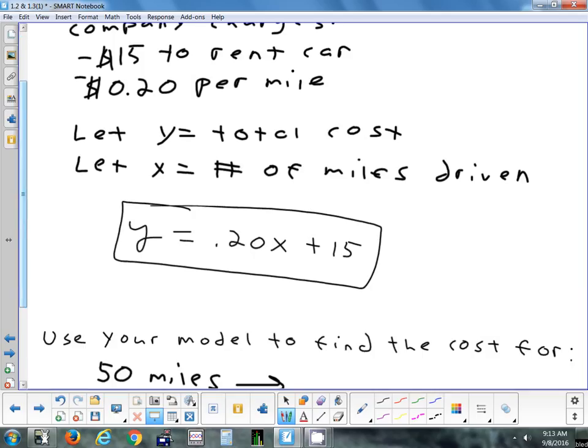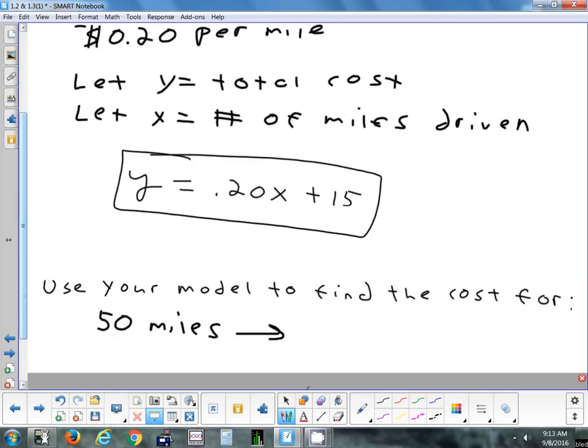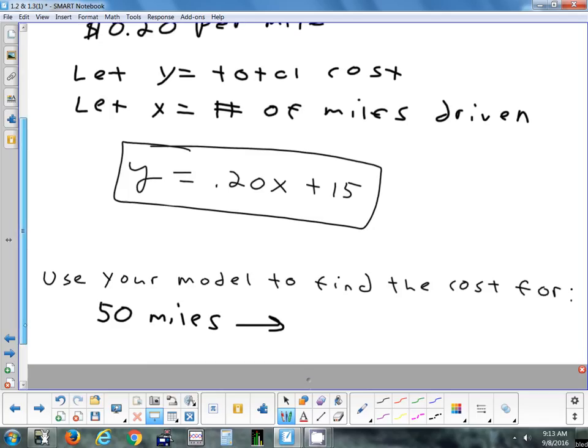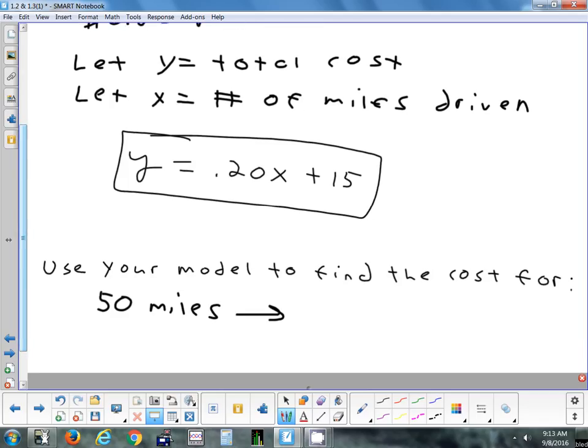All right. So I want to use that model to figure out the cost for driving a certain distance. Let's start with 50 miles. Adrian, where would I plug in 50? For x or for y? For x. Yeah, because miles is x. We said that earlier.